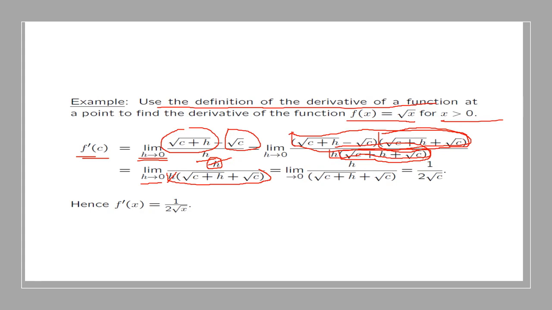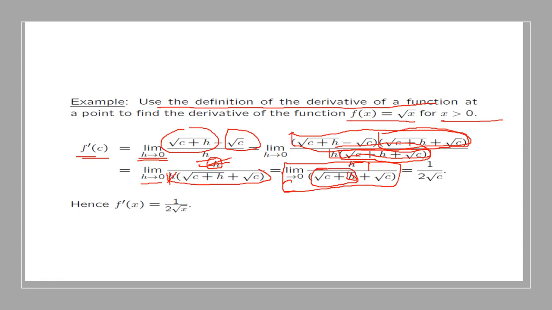The limit as h goes to 0: at the top here, you have 1, because that h cancels out with that h. So you have 1 over this expression. Then you let h go to 0, so the h term will go to 0, and the whole of root c plus h will go to root c.